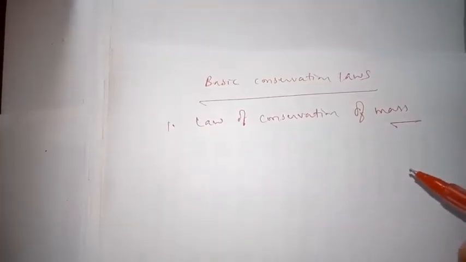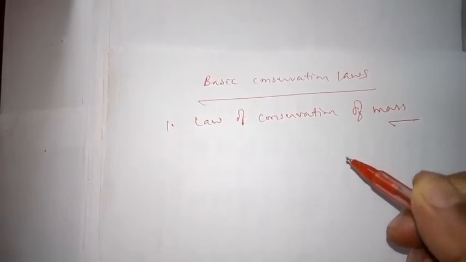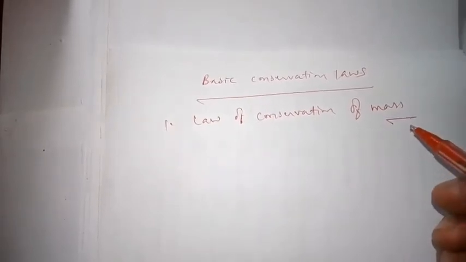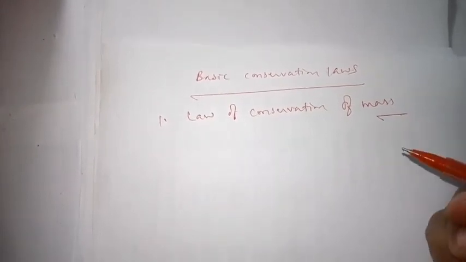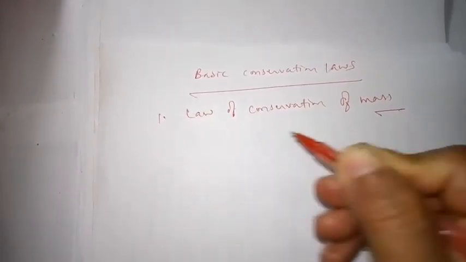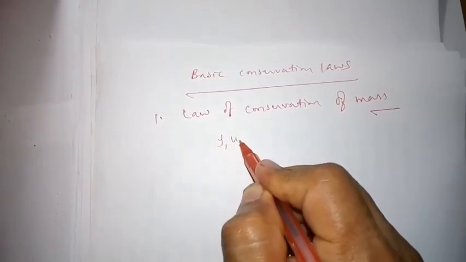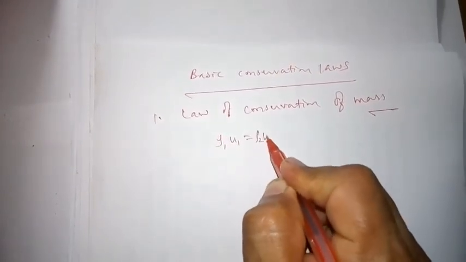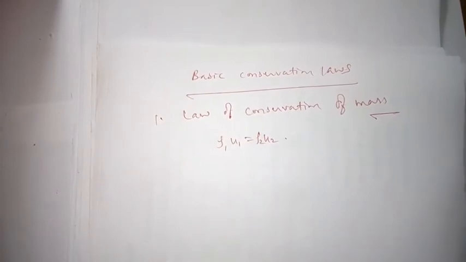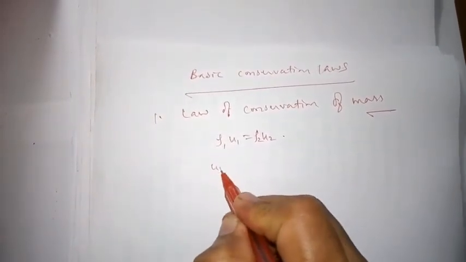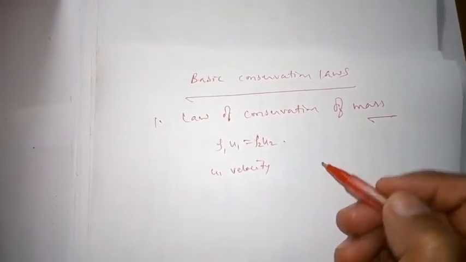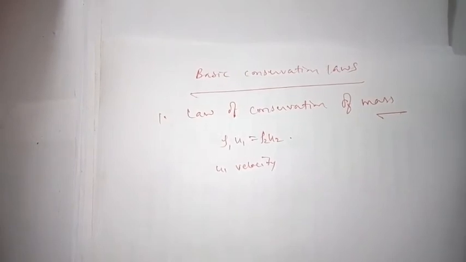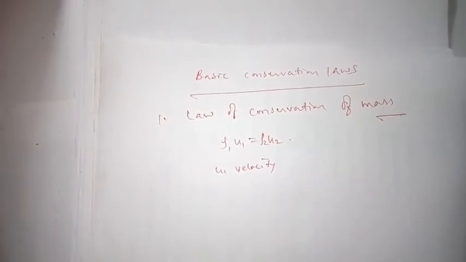This law says the total mass of any isolated system remains unchanged and is independent of any chemical and physical changes that could occur within the system. Simply, you can write rho u1 is equal to rho u2, where u1 is the velocity of fluid ahead of the shock, and u2 is the velocity following the shock.